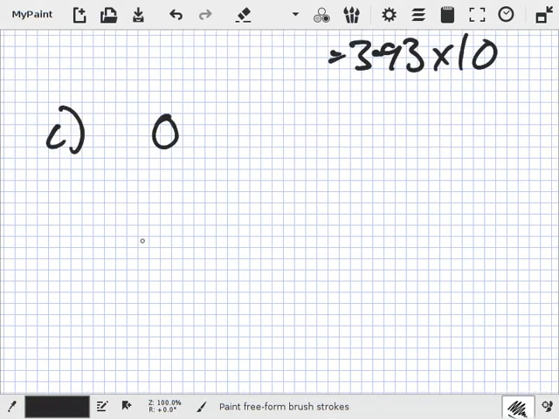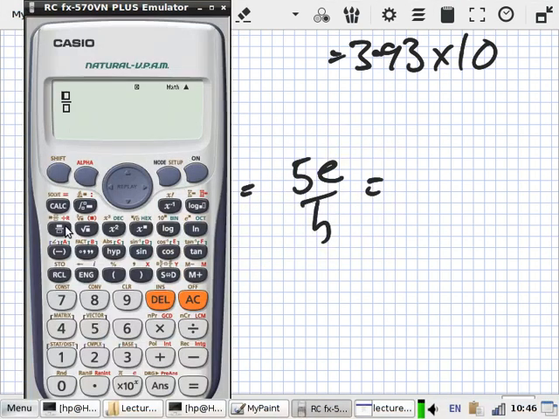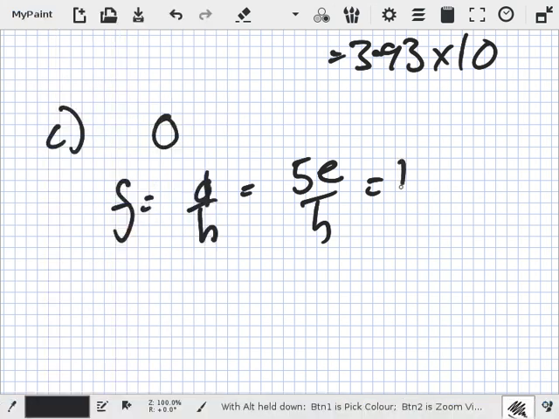The threshold frequency is work function over h, which is 5e over h, which equals 1.21 times 10 to the 15.